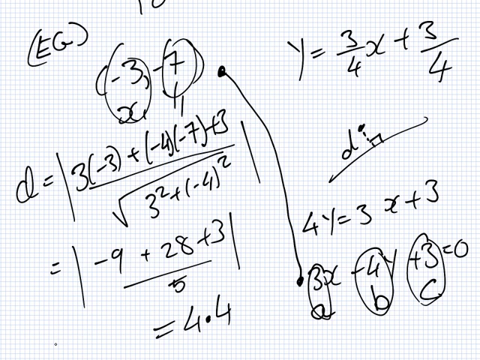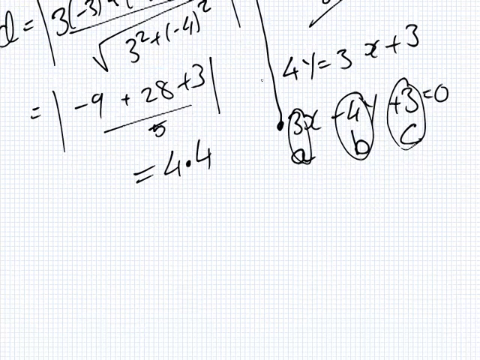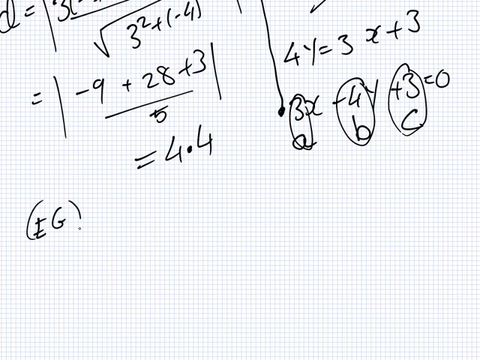Okay, let's have a look at an area of a triangle now. So let's see, we have a triangle and we'll put one point on the origin, one point up here at 3, 16, and the other point here at 18, 16.